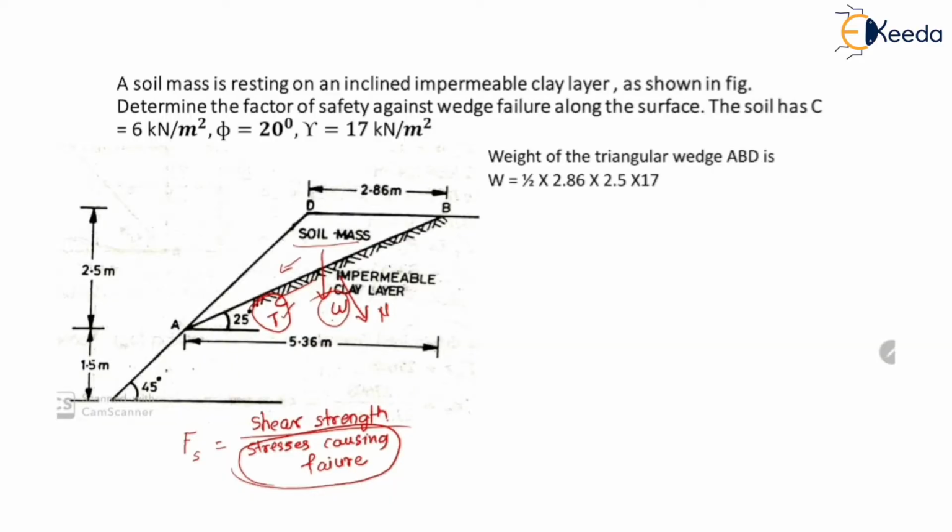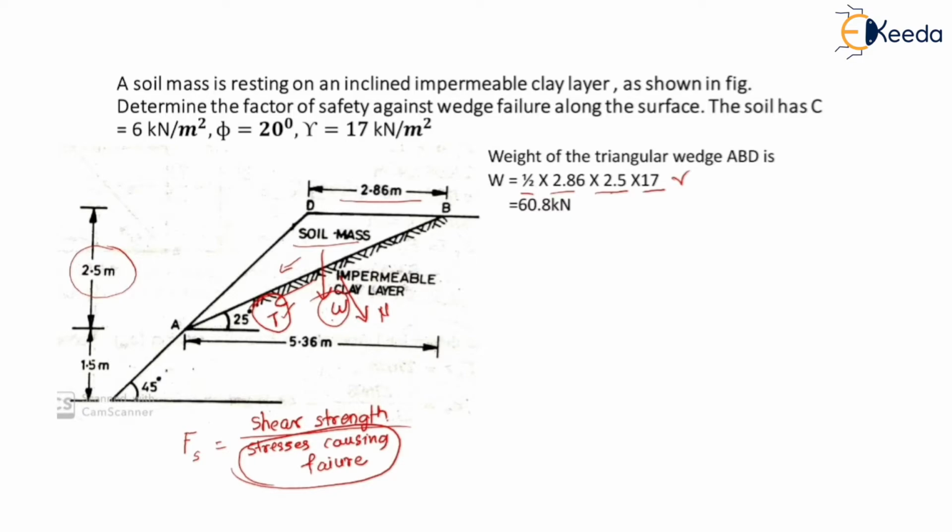So here the weight of the triangular wedge ABD is given as W equal to half into 2.86, which is base, into 2.5, which is height, into density 17. So the total weight per unit length of the wedge is obtained as 60.8 kilonewton.